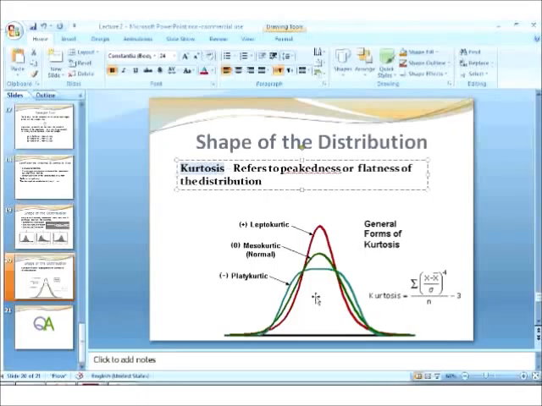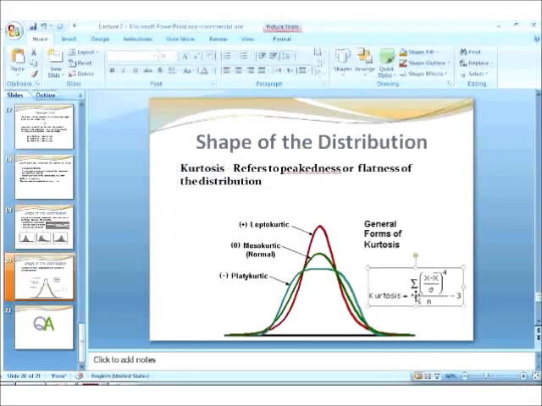So this is flat. The top of this data set is flat, and it's more spread out. Over here, it's more peaked, and of course, as the name suggests, there's a high peak in this data set. And the kurtosis of a perfectly normally distributed curve is 3.